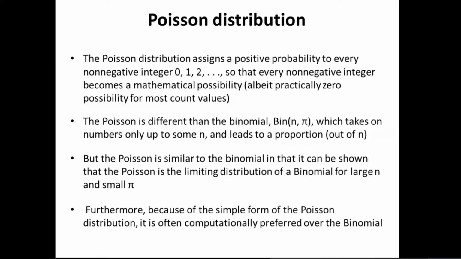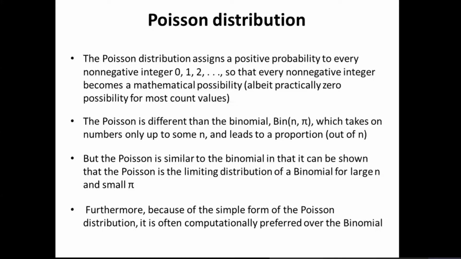If it is 2, 3, etc., up to what? N, which is 20. So the number of participants who started on time will not exceed 20, because the whole population is itself 20. In this case, you can apply only binomial, not Poisson, because you have a fixed number of participants.